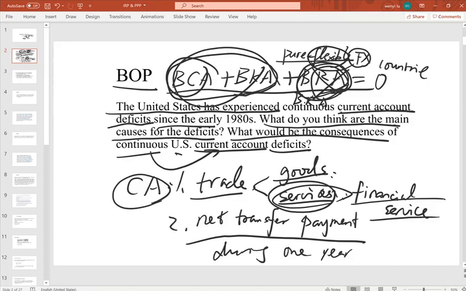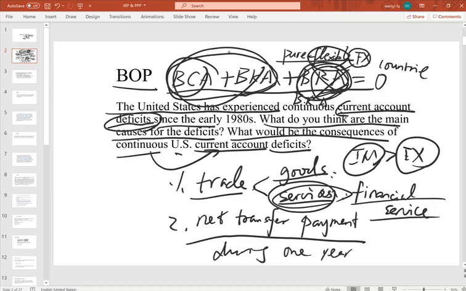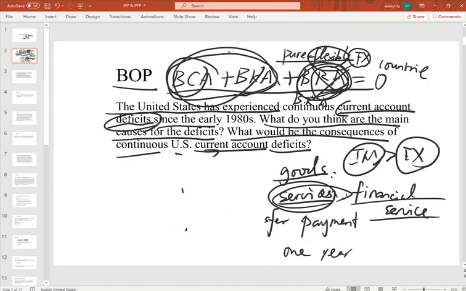If the current account incurs deficits, most likely, for example for the US, it is because imports are more than exports. If we have imports more than exports, we continually incur a trade deficit. The trade deficit is the major reason we have current account deficits.